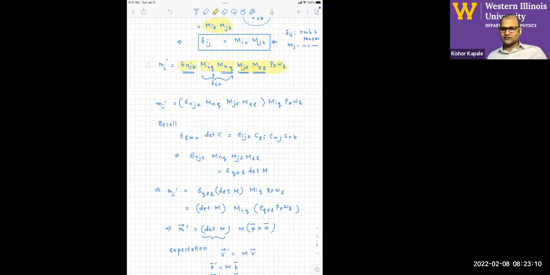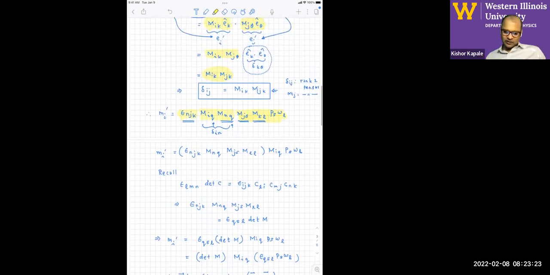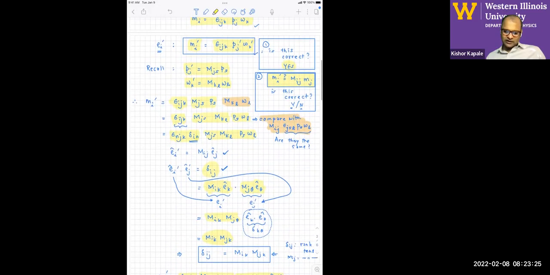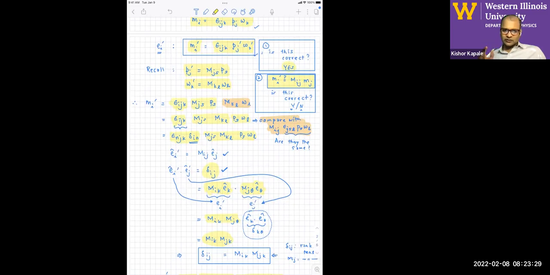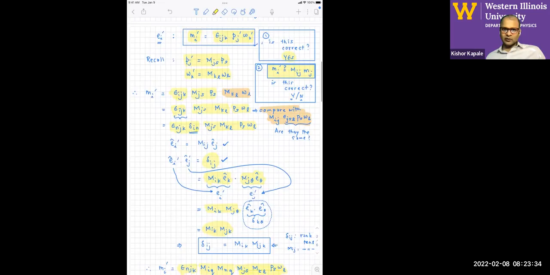So what we did was we started with the primed coordinate system expression for Mi prime, because it's a cross product with P prime and W prime. We wrote it as Levi-Civita and the P prime and S prime. The P primes and the W primes were expressed with the help of the transformation properties in terms of the components PS and WL from the original coordinate system.